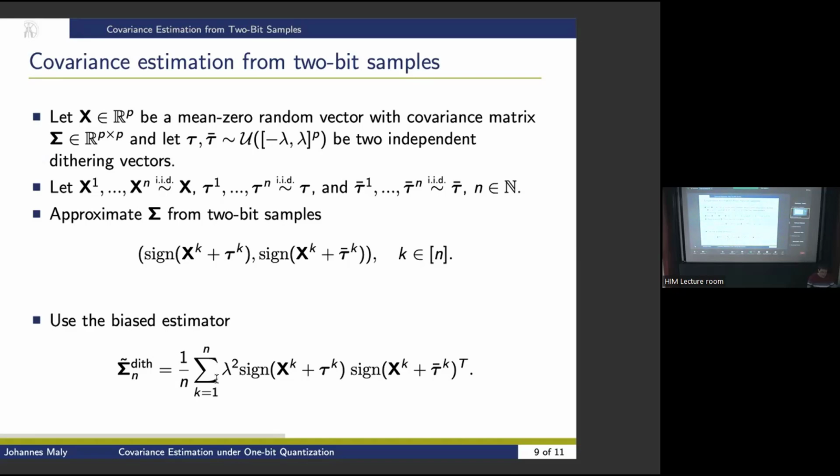And the idea here, just as an intuition, assuming that x is bounded, so has a bounded distribution that is inside the lambda cube, this becomes an unbiased estimator. So in some sense, on a region that is controlled by lambda, this thing is an unbiased estimator, and then one only needs to control what happens outside of the lambda cube.